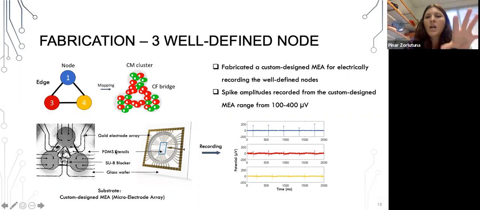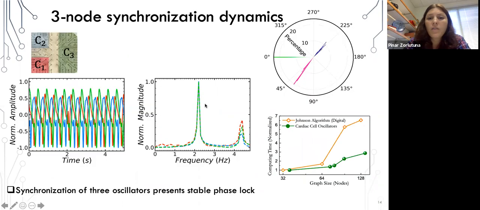So this was all fabricated by Jiaying, the brilliant graduate student who was working on the project. And we were very happy to see that we can actually solve a 3-node problem.